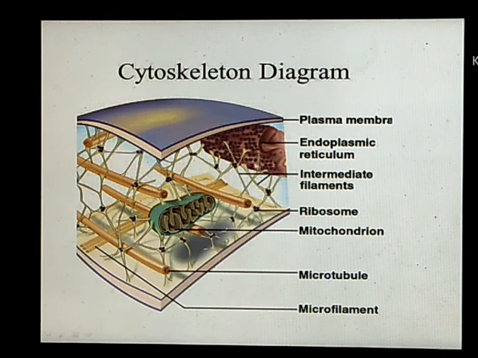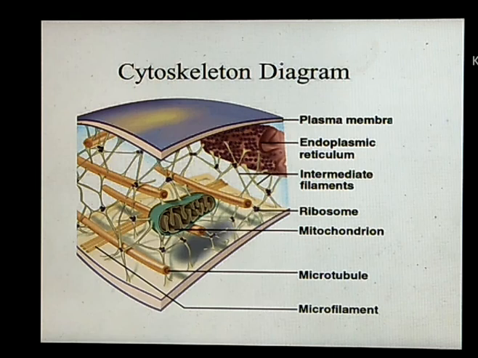Intermediate filaments are the supportive elements in the cytoplasm of many animal cells. They have non-motile structural proteins that maintain the shape of the cells and keep the nucleus and other organelles in place. Microtubules are elongated, unbranched cylindrical tubules.